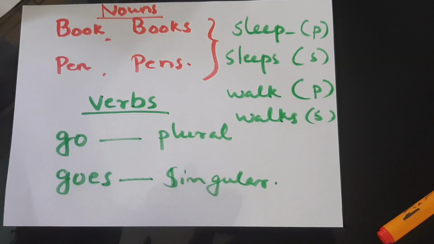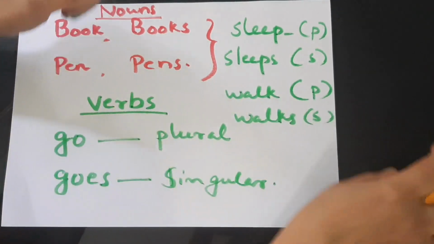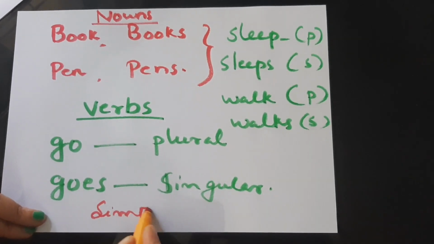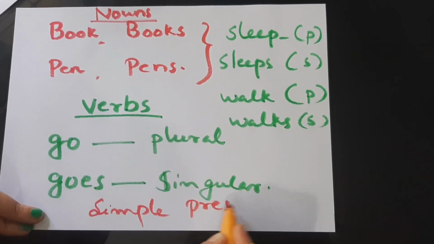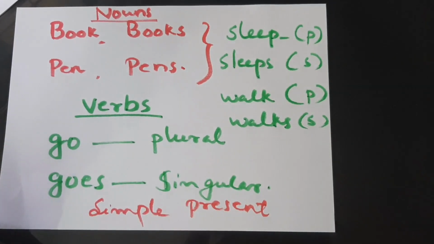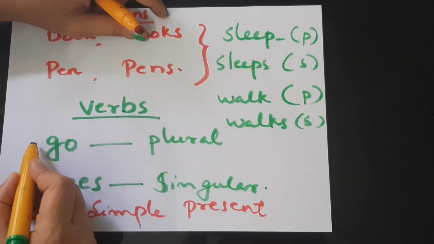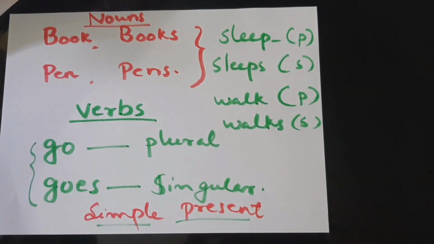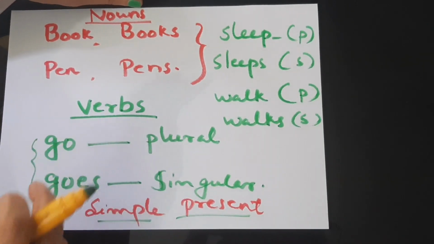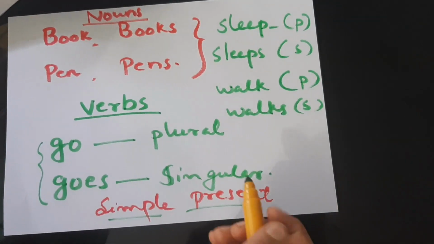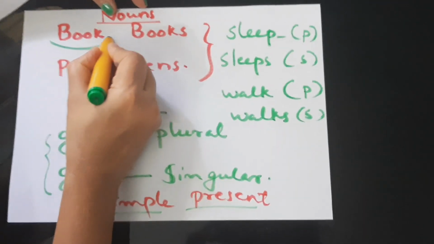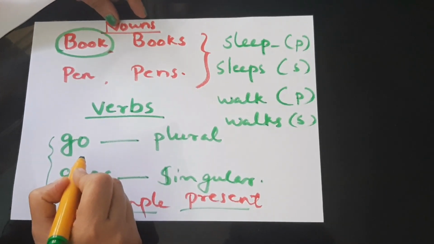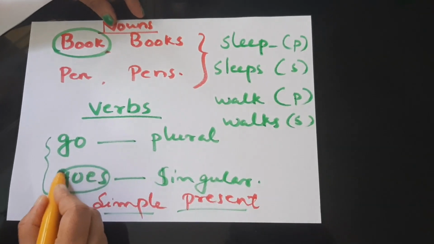Only in the case of simple present tense, the verb takes two forms, just like go and goes. So when the subject or the noun is singular, the verb should also be singular.